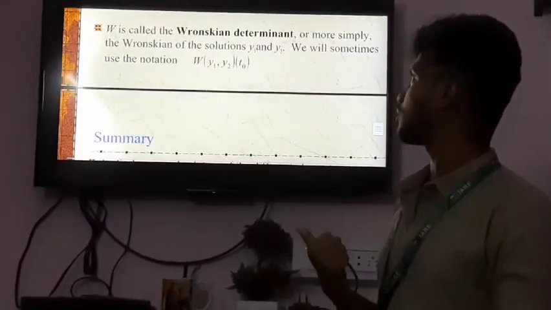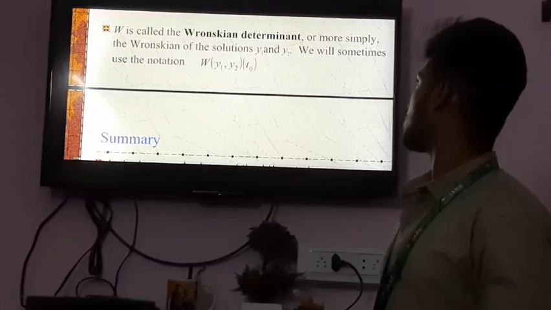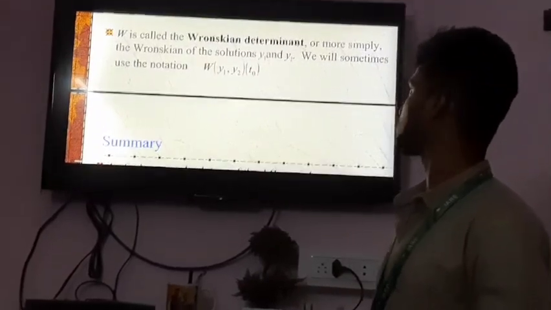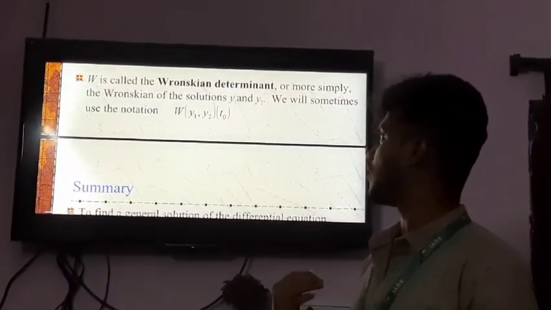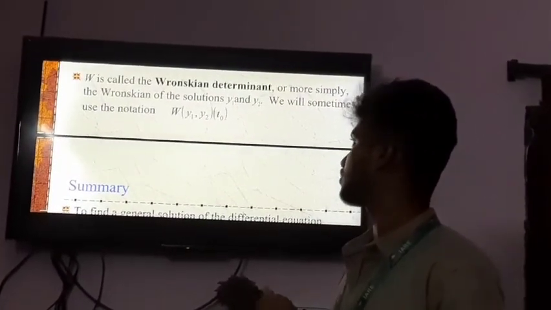Hence W is called the Wronskian determinant, or more simply the Wronskian of the solutions y1 and y2. We will sometimes use the notation W of y1 comma y2 at t naught.